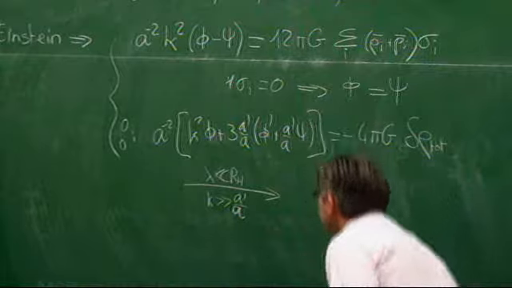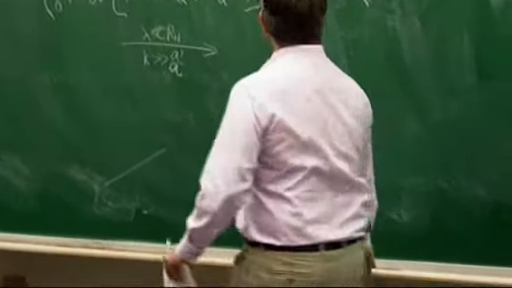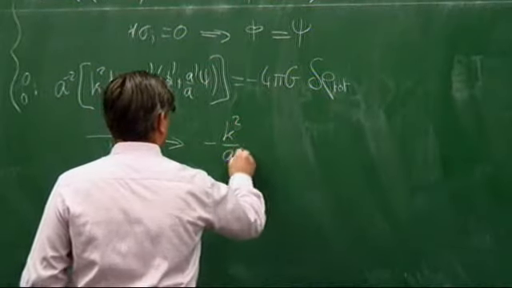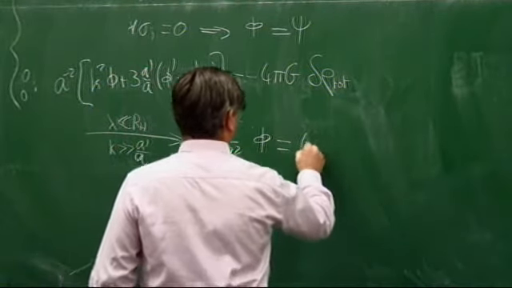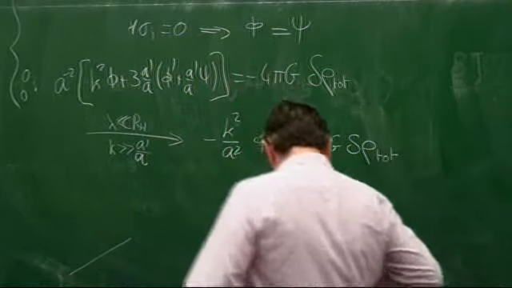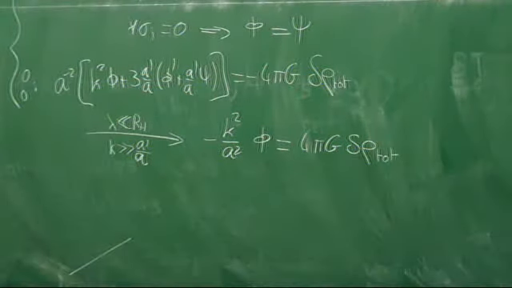And this equation will simply reduce to minus k squared over a squared phi equal 4 pi G delta rho tot. And bingo, you find a familiar equation, which is the Poisson equation.